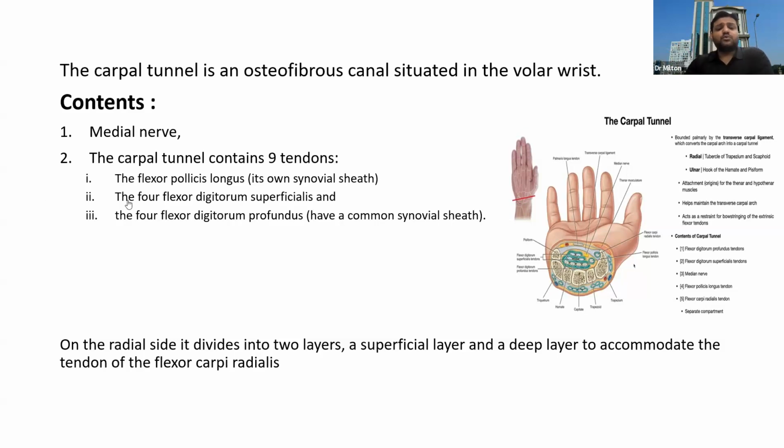So we saw that there is an important structure just under it, the median nerve, and another 9 structures: one is the flexor pollicis longus, and another 4 tendons from the flexor digitorum superficialis and the profundus. When the nerve is compressed by another structure, it causes pain.